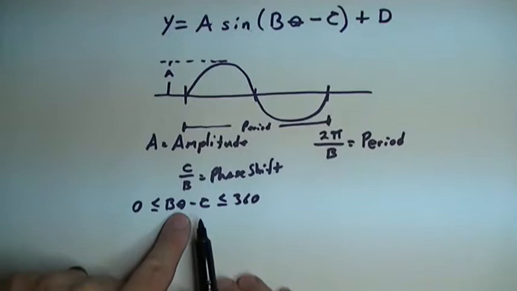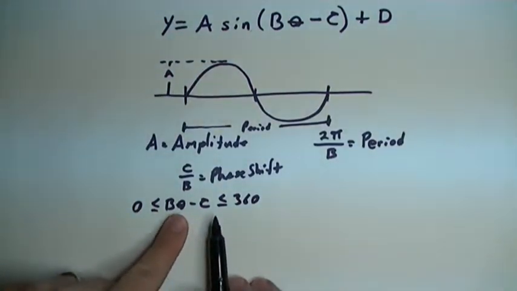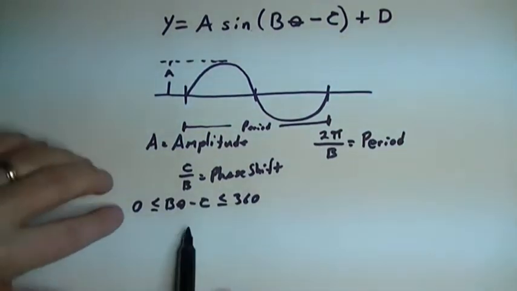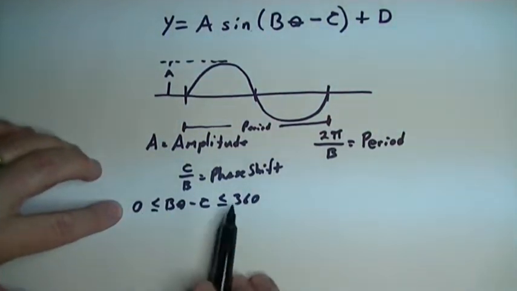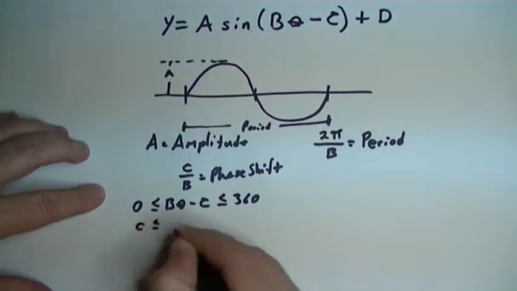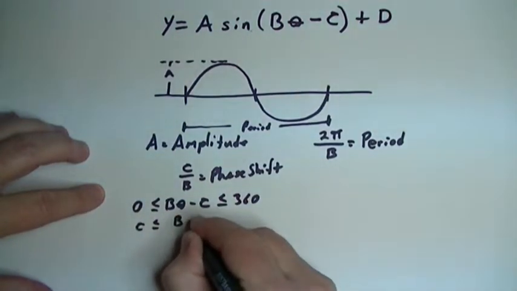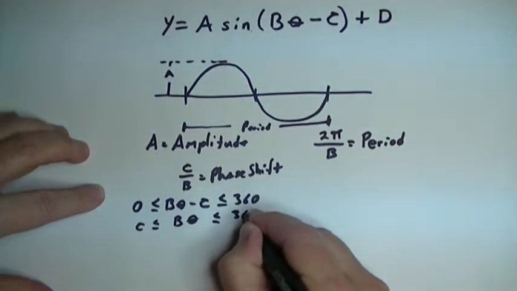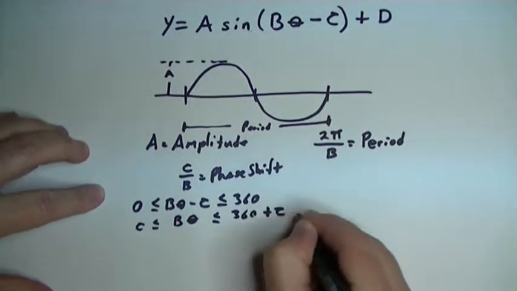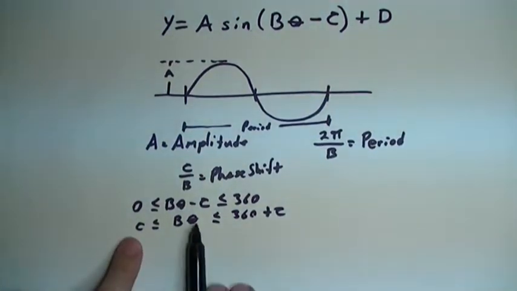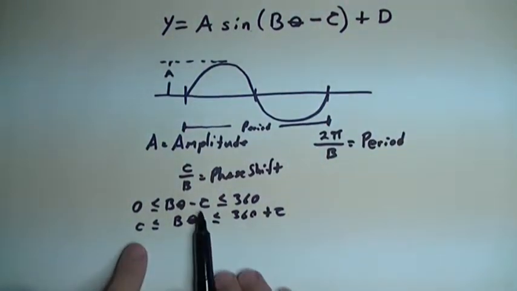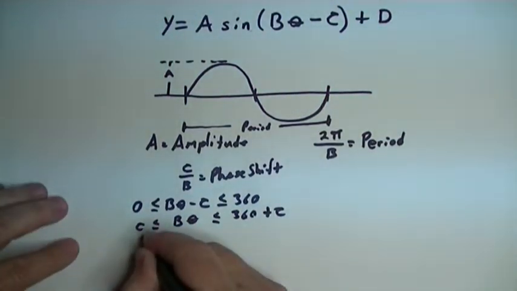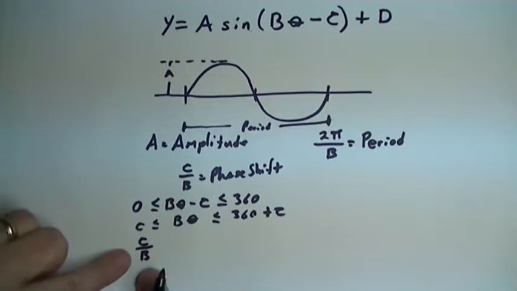Then if you simply solve for the theta in this equation, you're going to get a lot of this information kind of done for you, which I kind of like. So if we add the c to both sides, notice how we've literally shifted this whole thing to the right by c, but now we have to divide out the b. So we end up with c divided by b as our starting point.